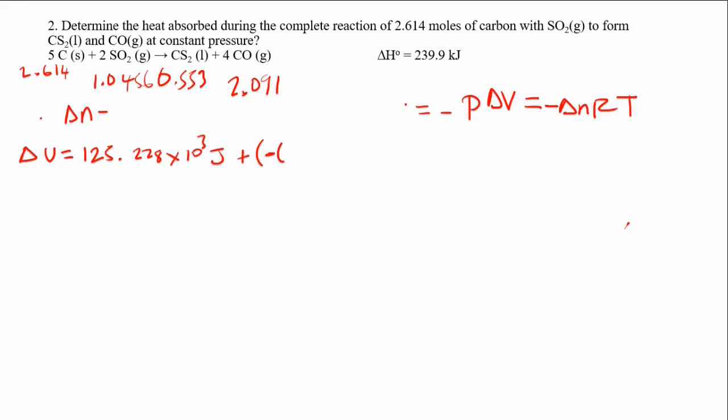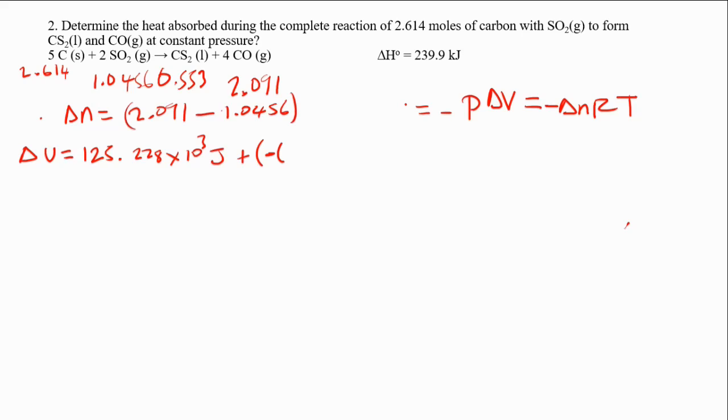Delta N would be equal to number of moles of gaseous products, which would be 2.091, minus number of moles of gaseous reactants. On the reactant side, we have carbon, which is a solid, so we don't consider that. What we will consider is the sulfur dioxide, and we only have 1.0456.